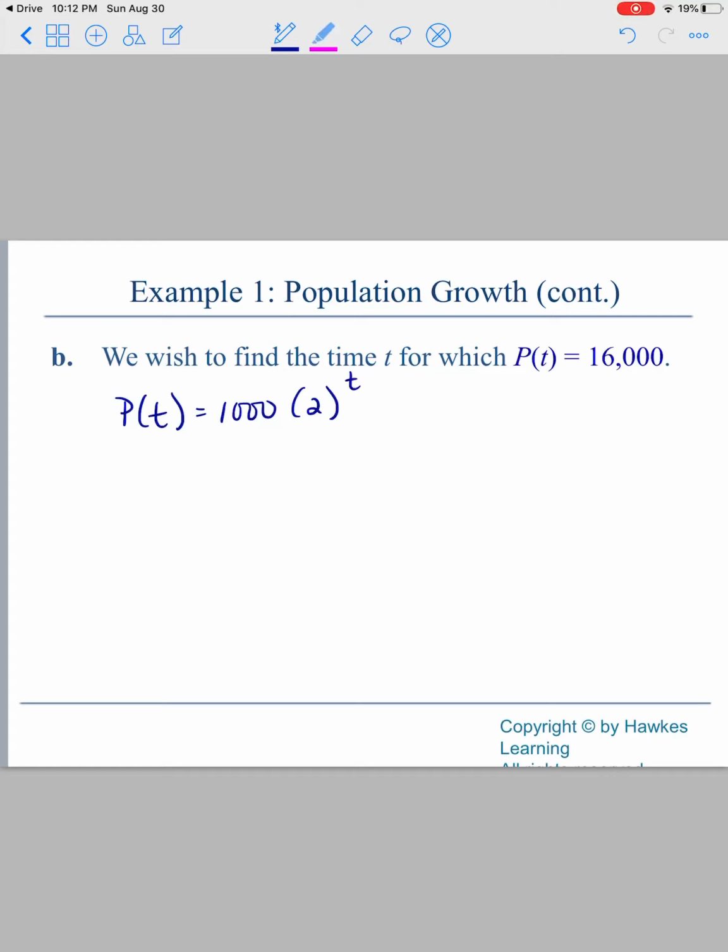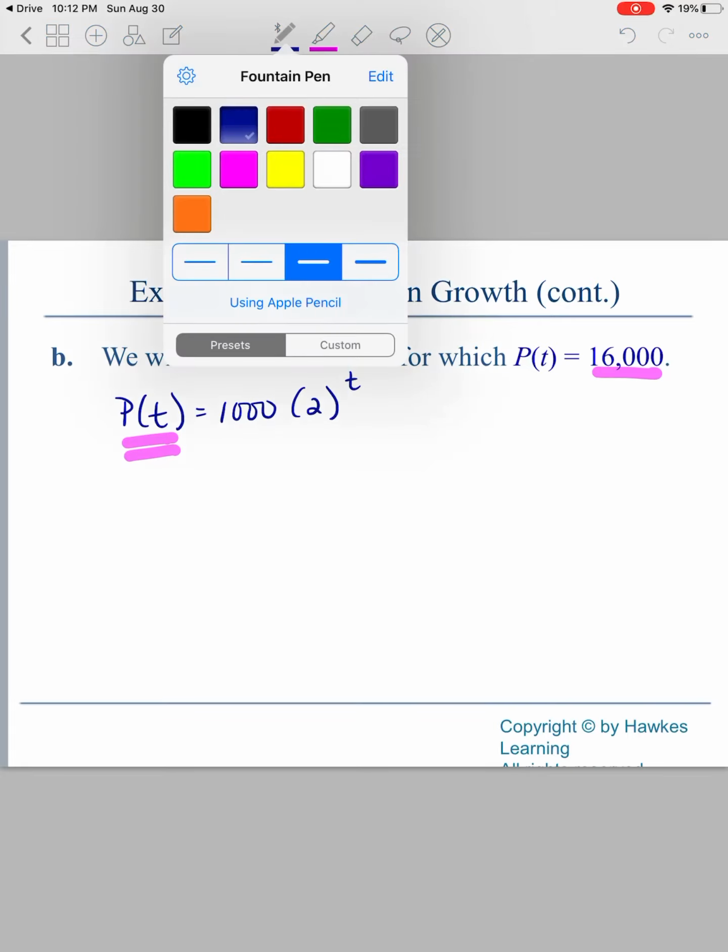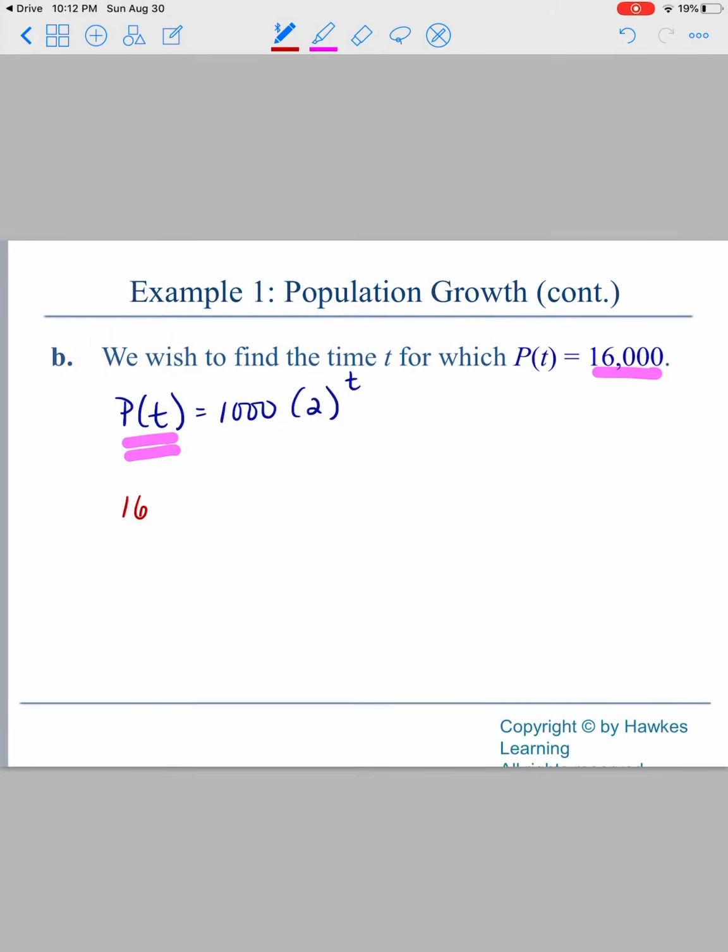So all I'm going to do here is take this 16,000 and plug it in for my P of T. So I'm going to get 16,000 equals 1,000 times 2 to the T power. I'm going to solve for my time. I want to know how many hours it took. So it's going to give me 16 equals 2 to the T.